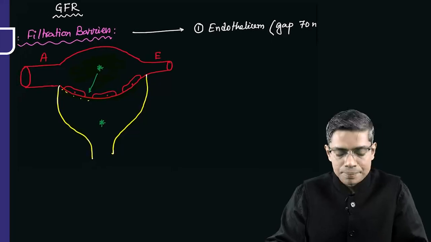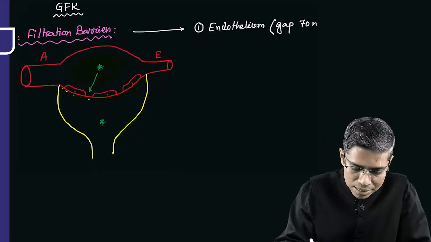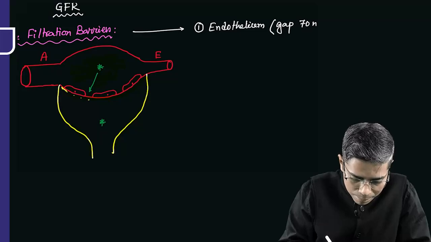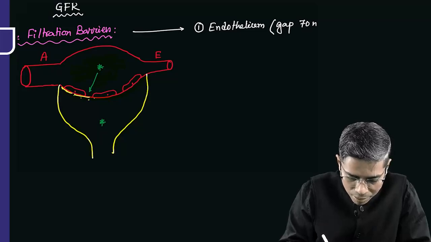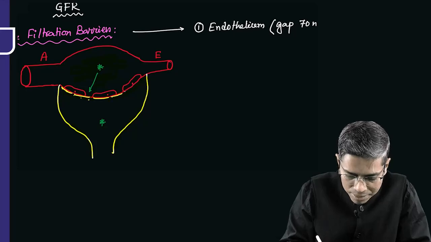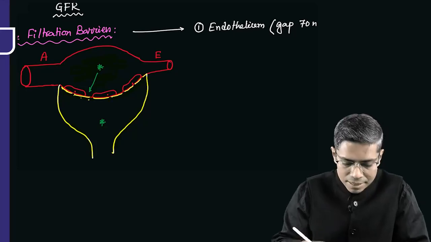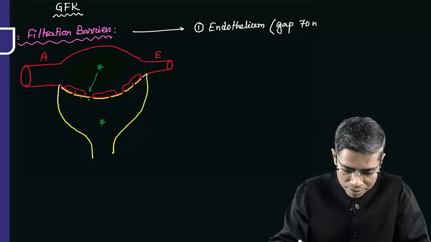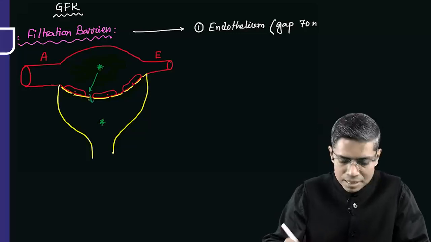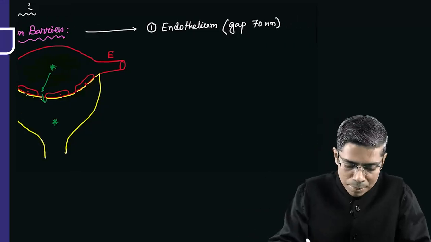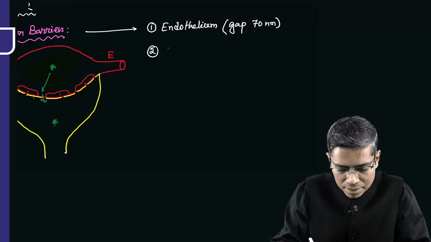The next layer that it is going to encounter is the basement membrane of this endothelium cell. So now I am writing the second layer through which these substances have to pass, the basement membrane layer, the BM layer.